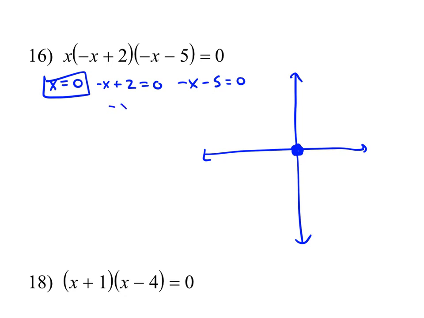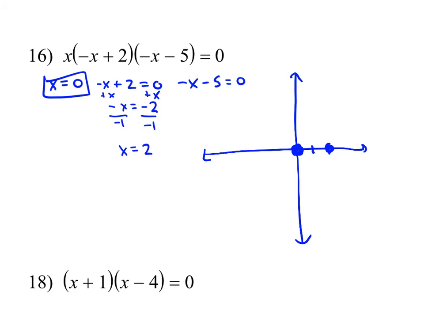So if we get negative x is equal to negative 2, how do we find what positive x is? Divide by negative 1. Perfect. So x is equal to 2. We could also just add x on both sides, so then we would get x is equal to 2.